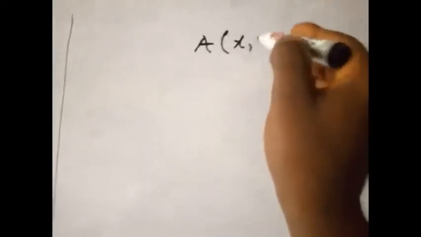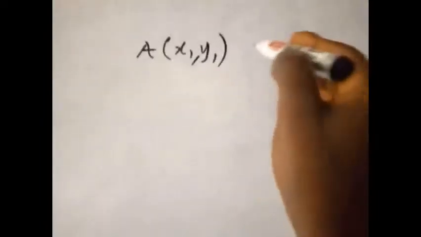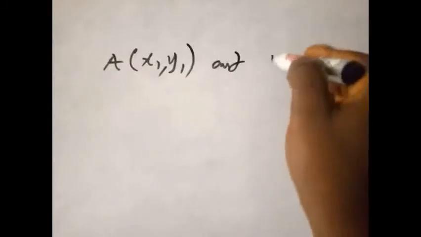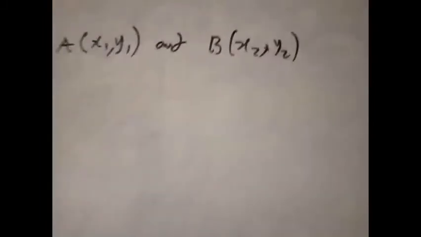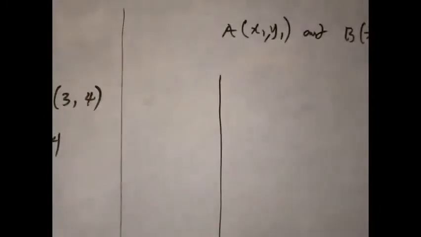This is how points can be located. Now take point A, x1, y1, and point B, which is x2, y2. Let's see how these 2 points can be located. x1, y1 and x2, y2 represent the coordinates. If you want to locate these points, we have our y-axis, we also have our x-axis.